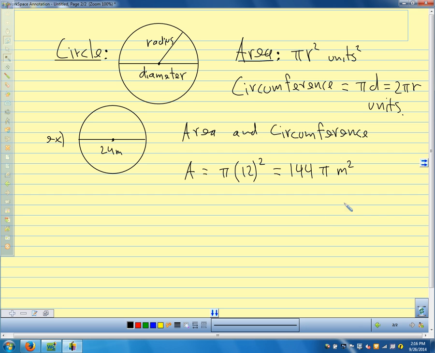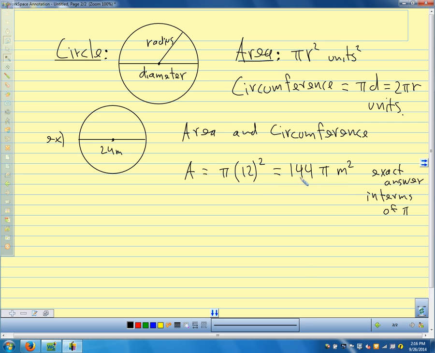If the question asks for an exact answer, or an answer in terms of pi, what they're asking you to do is multiply, do all the things with the numbers, but don't multiply pi at the end.